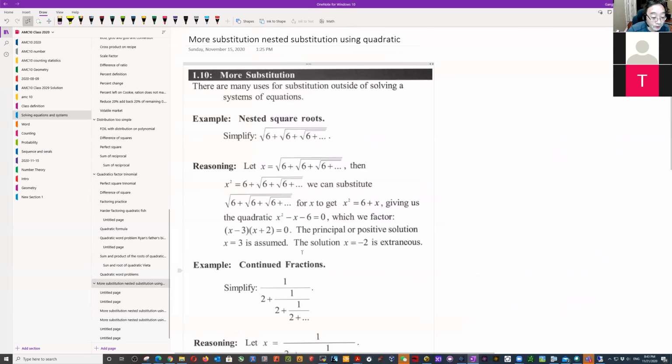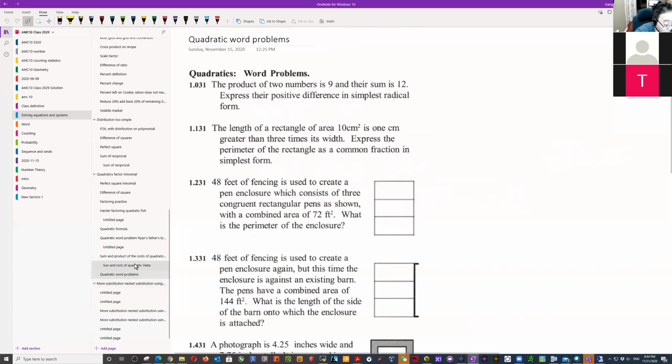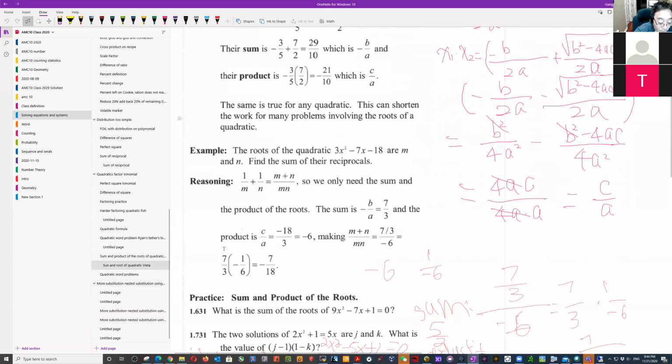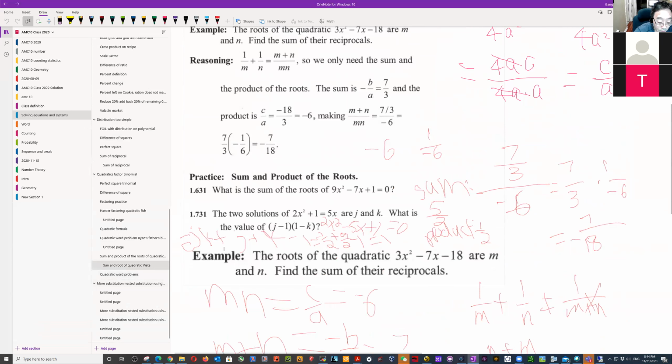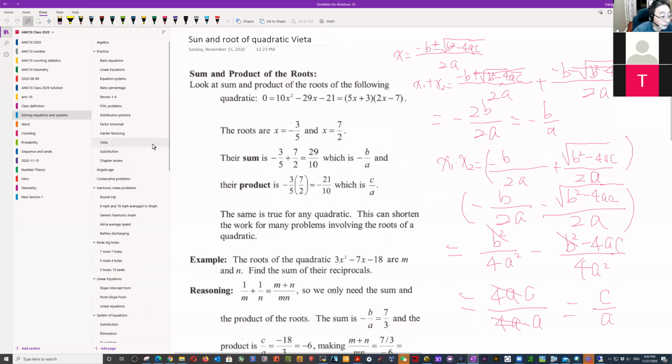Anyway, so this is the way that we are going to do the quadratics. And then let's try to see some Vieta.